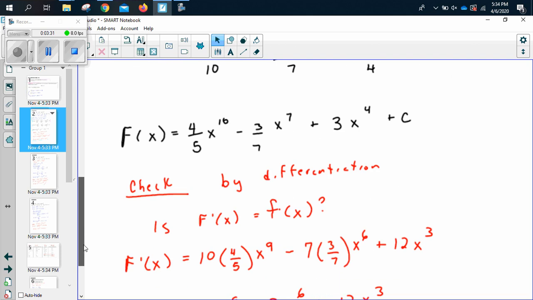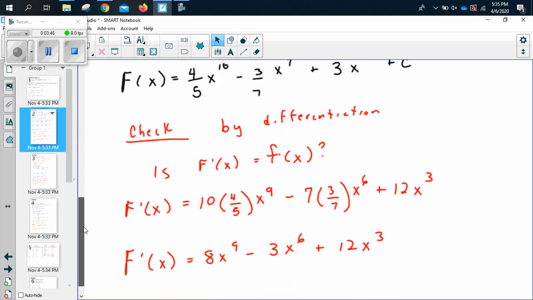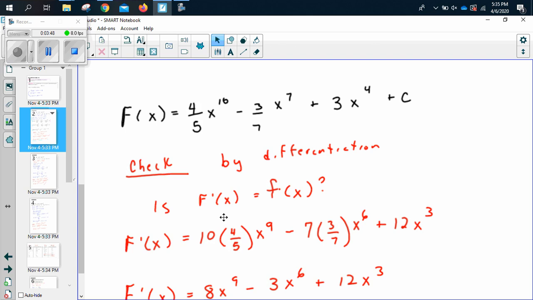Now, you can always check an antiderivative by differentiation. If this is the antiderivative of the function we had, then when we differentiate it, we should get the little f of x that we were given. So, is the derivative of this function the little f of x? If so, then it checks.